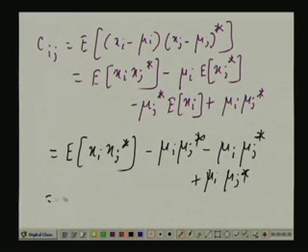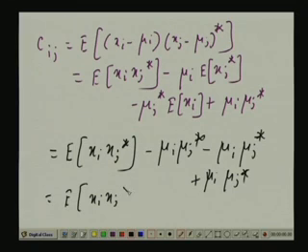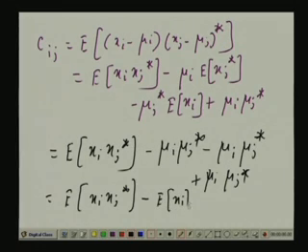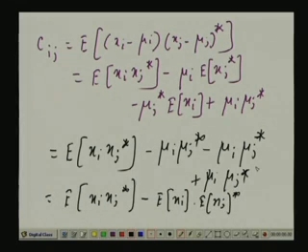So essentially it becomes E of x i x j star minus, after simplification we only have one mu i mu j star, which means E x i, which is mu i, and E x j star, which is mu j star.